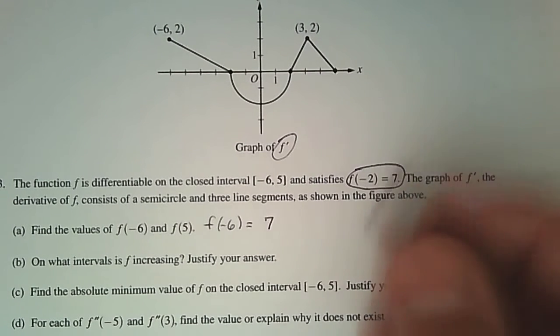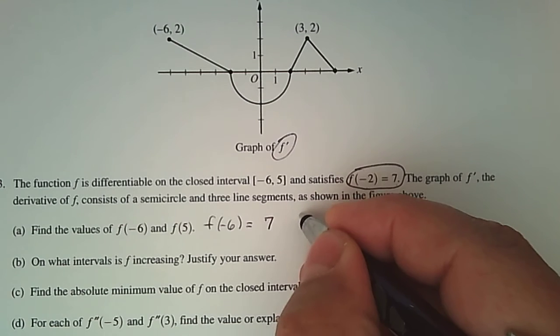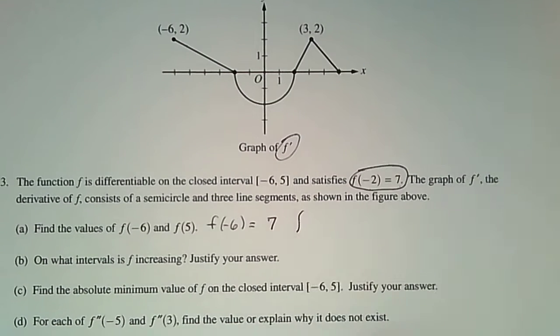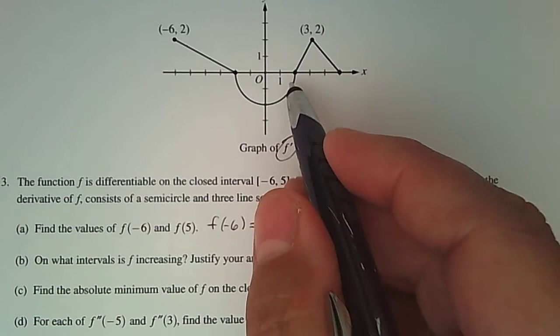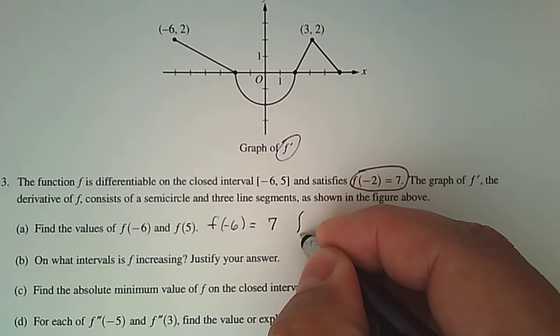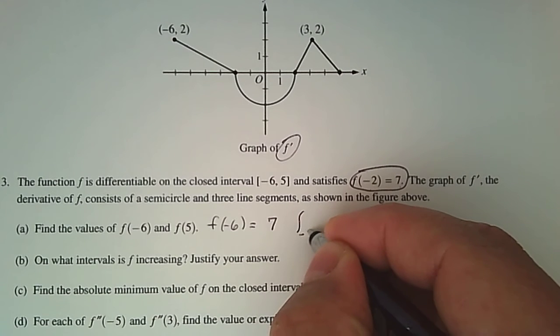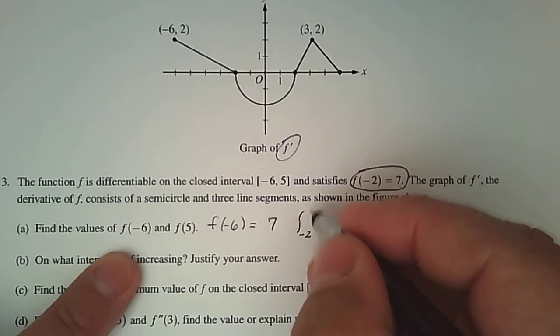Then what we're going to do is integrate. I'm going to integrate the derivative to know whether it increased or decreased. So we know -2, but we're going to go from -2 to -6.